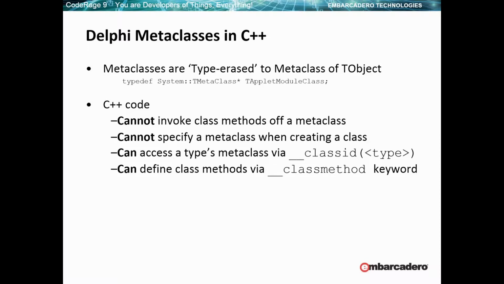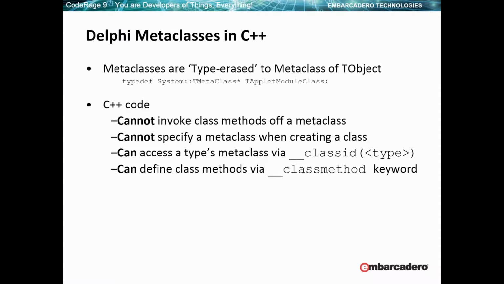And here what happens is all the meta classes of Delphi are type erased or collapsed down to the meta class of TObject. So basically, we collapse all the meta classes, as far as the declaration of the class, to the meta class of TObject. So when you declare a new meta class in Delphi, C++ sees only that it's a meta class of TObject.